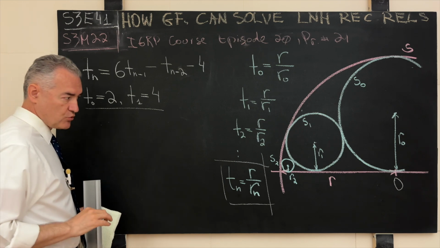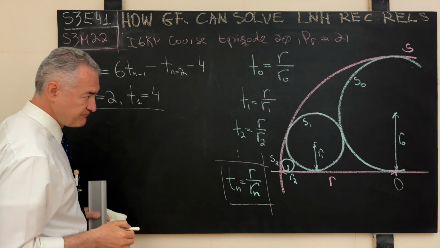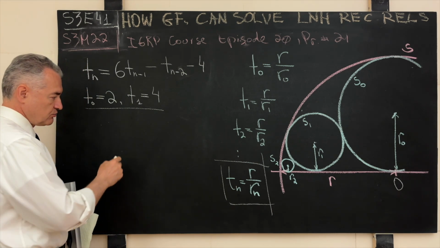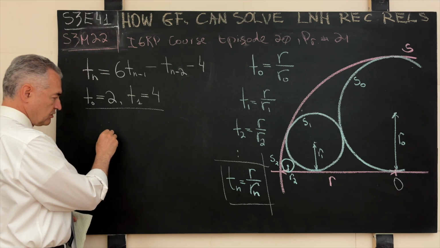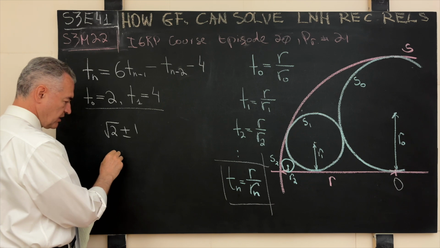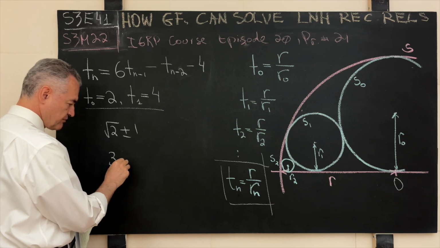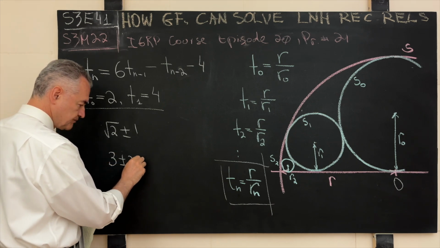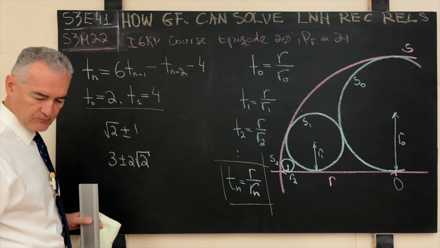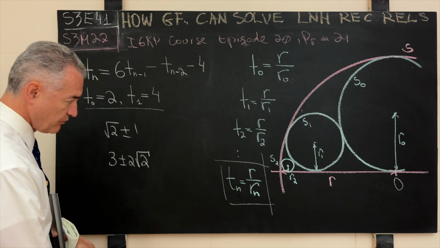I will throw in some more details as we go along, because in the process of solving this relation, we will come across numbers that look like this: square root of 2 plus minus 1, and its close cousin, 3 plus minus 2 times square root of 2. I will show what these numbers mean, where they come from.